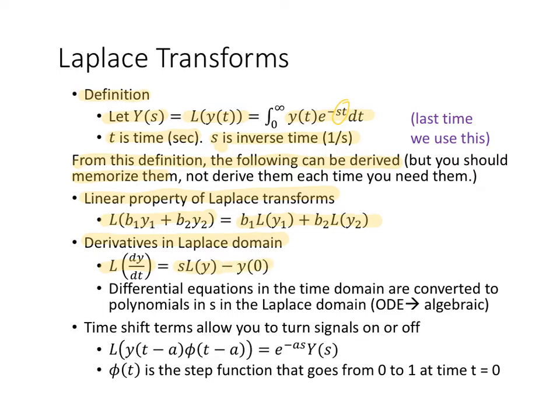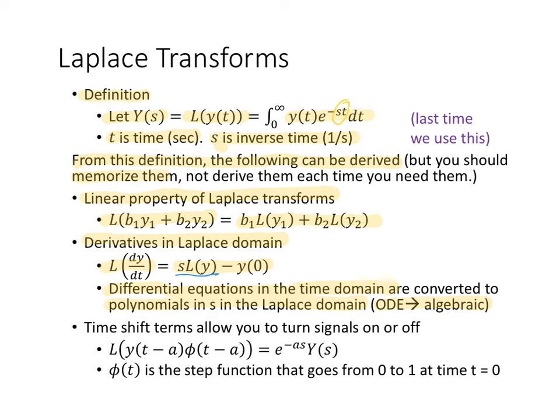To help you remember this, you can remember that S is an inverse time, and so multiplying by S is like taking the derivative with respect to time. This is a useful property because it converts a differential equation in the time domain to a polynomial in S in the Laplace domain, which means instead of solving a differential equation, we only have to solve an algebraic equation.